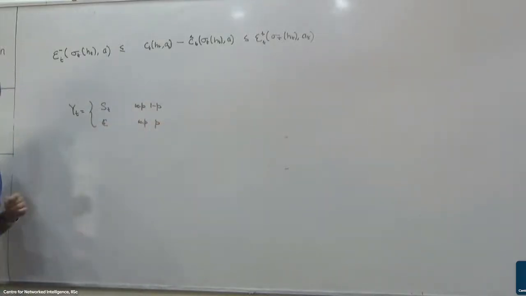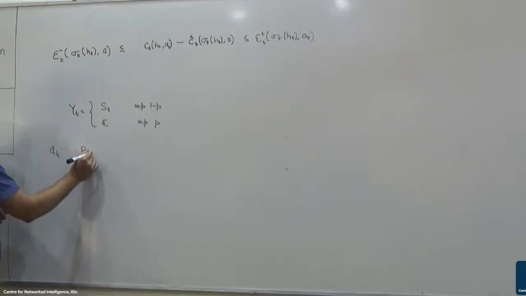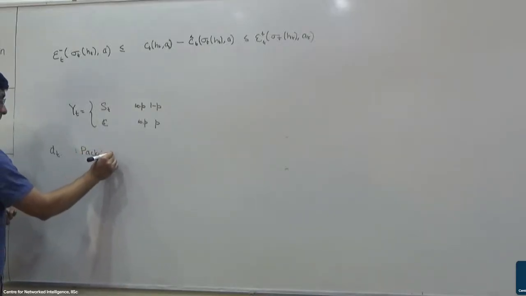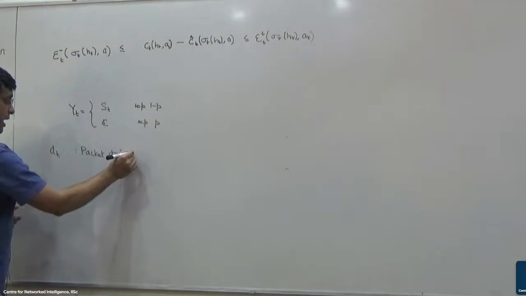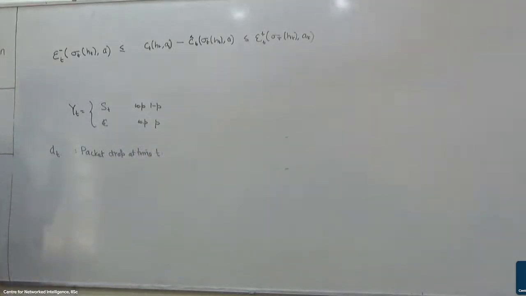Let me use the variable d_t to denote that there was a packet drop at time t. Now, when there is no packet drop at time t, this error is 0, because I get to observe the state exactly. It is only when there is a packet drop that I have an error.